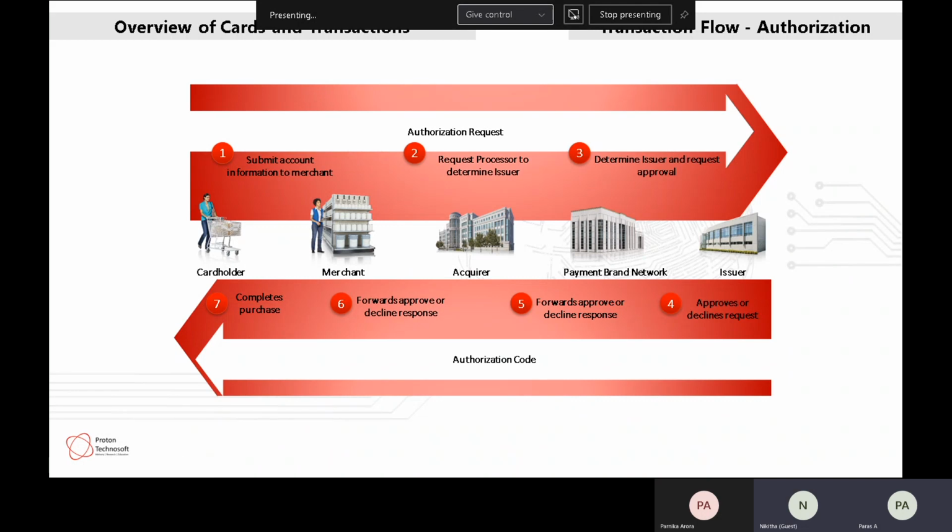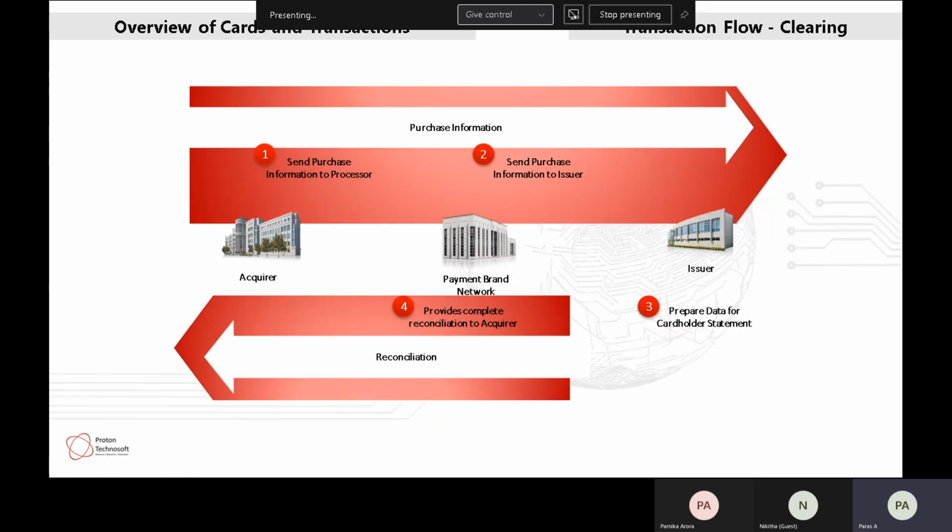Yeah, got it. Okay. Now, this is the flow for an authorization. So if you see here, it's a transaction flow for authorization. Once the transaction is done, the next day, so for example, if I have done a transaction today, next day morning, my clearing happens.